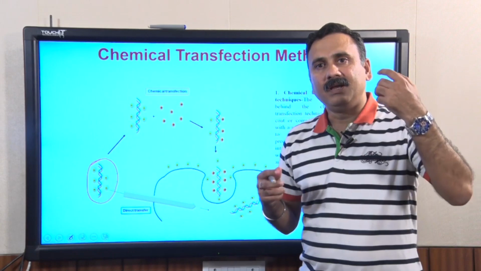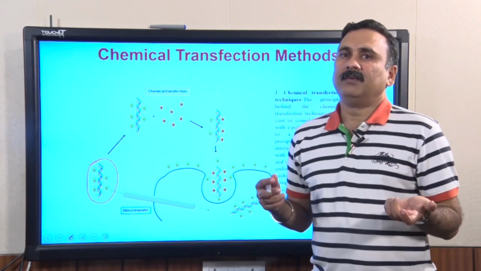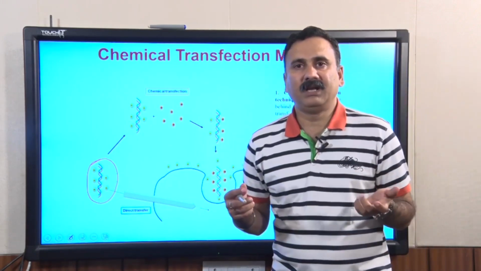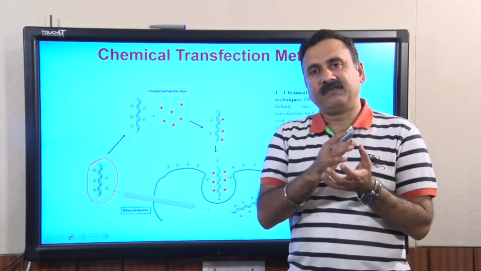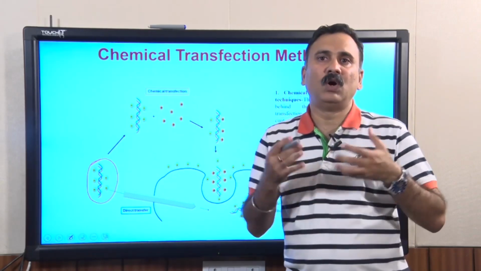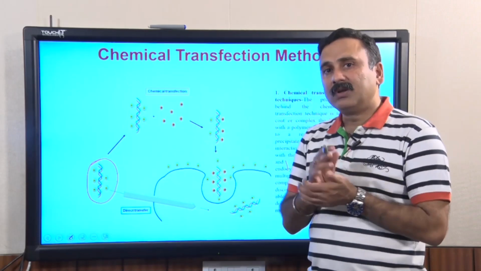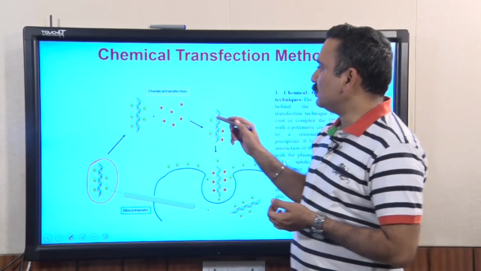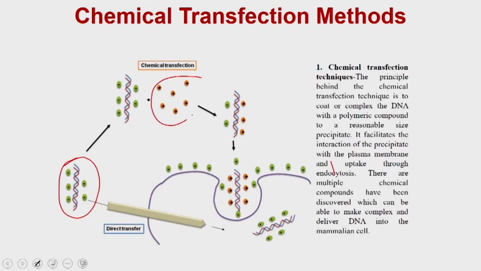This negatively charged DNA is problematic because it can be repelled by the negative surface charge present on the mammalian cells. Because of that, you add chemical molecules which are mostly cationic, or positive, in nature.